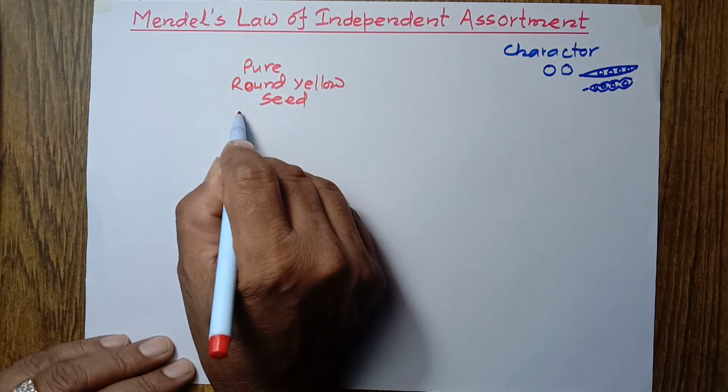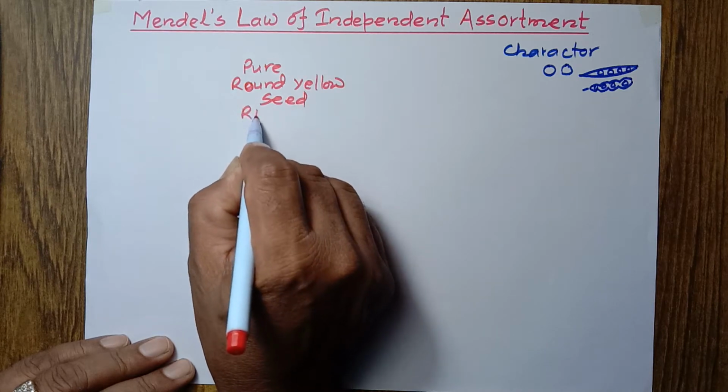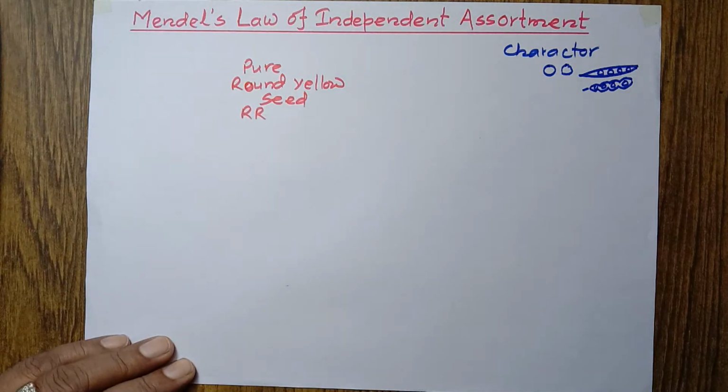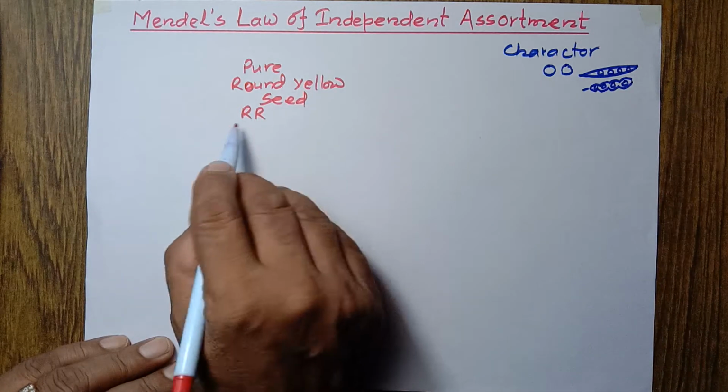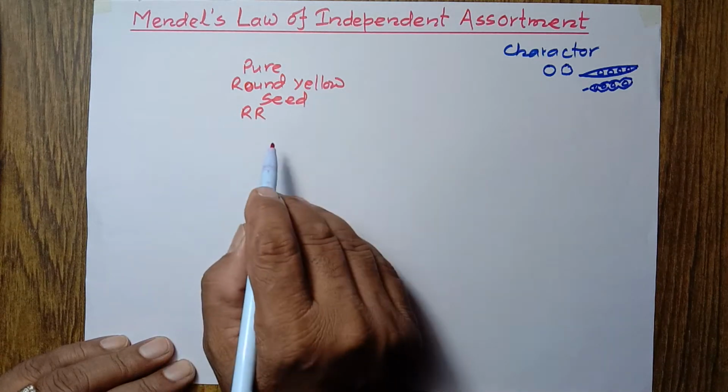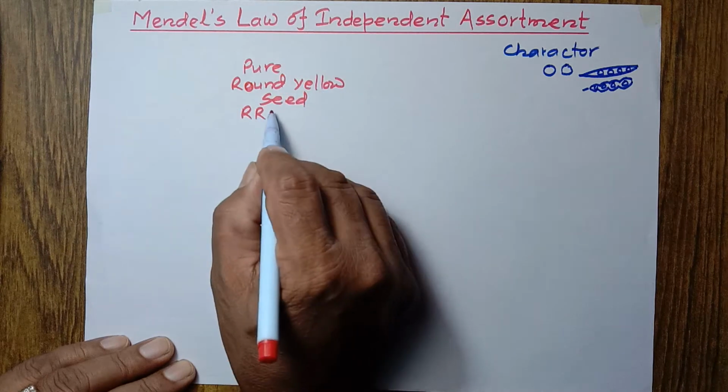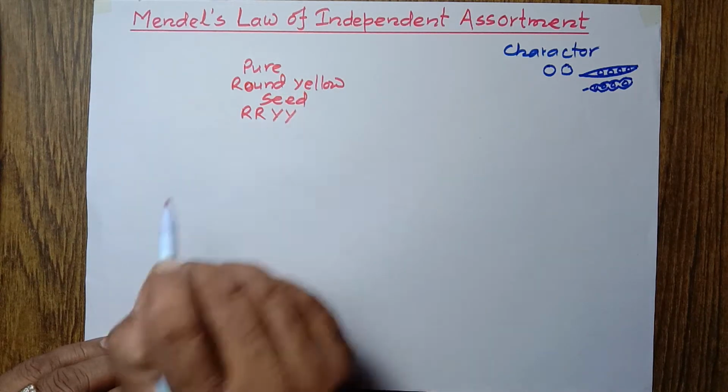It has genes both having the character of being round, that is denoted by capital R. Both genes are capital R, both factors are capital. And pure yellow means what? It has this type of gene.